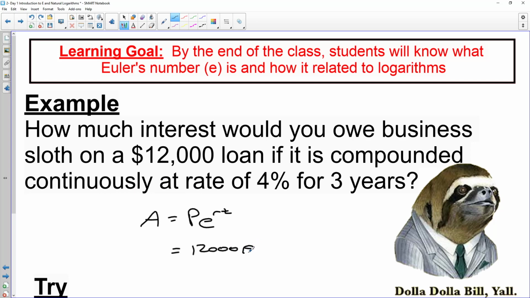E is e, which we'll replace when we do the calculator part. That's going to be the 2.72. And then my rate is 0.04, and my years is going to be times 3. So if I go to my calculator now, I can just plug all this information in.